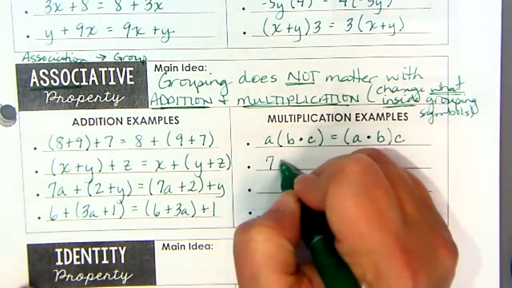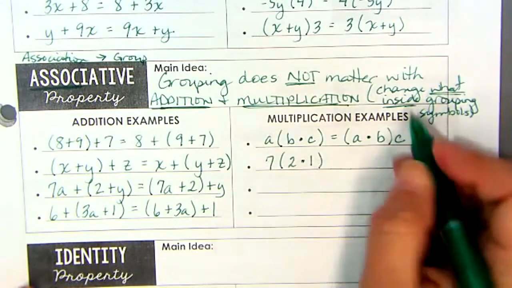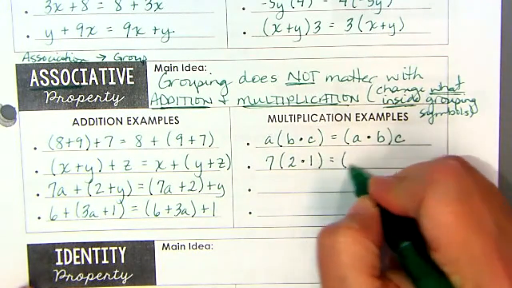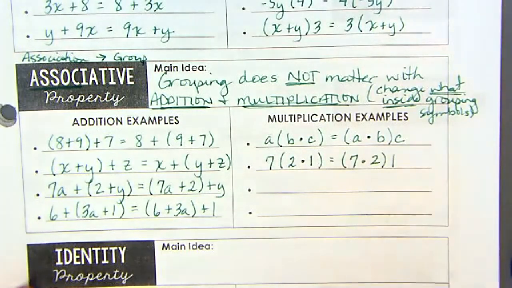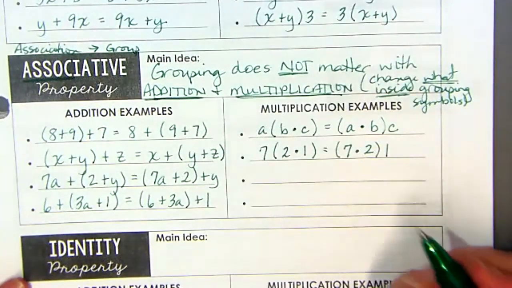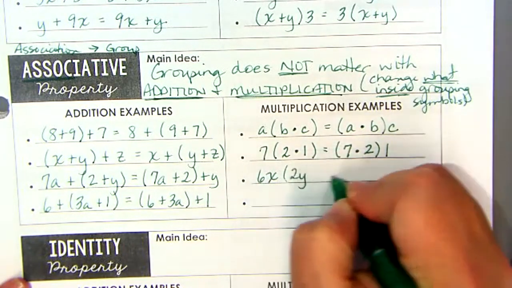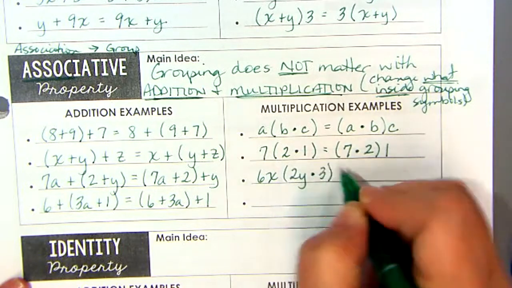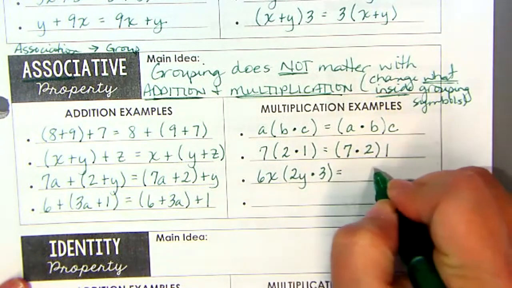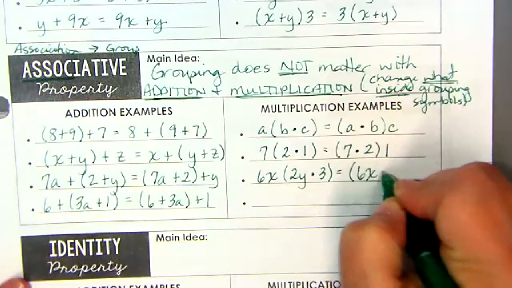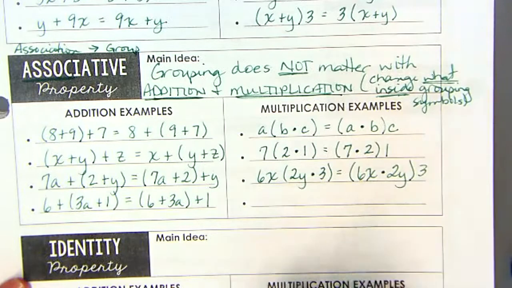Next, 7, open parentheses, 2 times 1, close parentheses, equals, open parentheses, 7 times 2, close parentheses, 1, because it's all multiplication that's happening. 6x, open parentheses, 2y times 3, close parentheses, equals, open parentheses, 6x times 2y, close parentheses, 3.